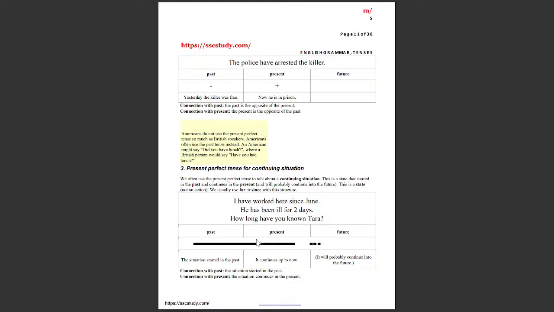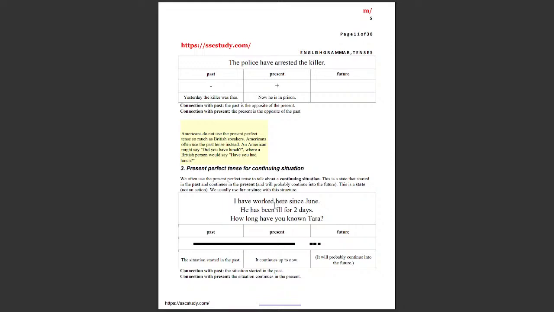Like: I have worked here since June. He has been ill for 2 days. How long have you known Tara? These are things in the present and past, and they are continuing. These 3 dots indicate that it is continuing.